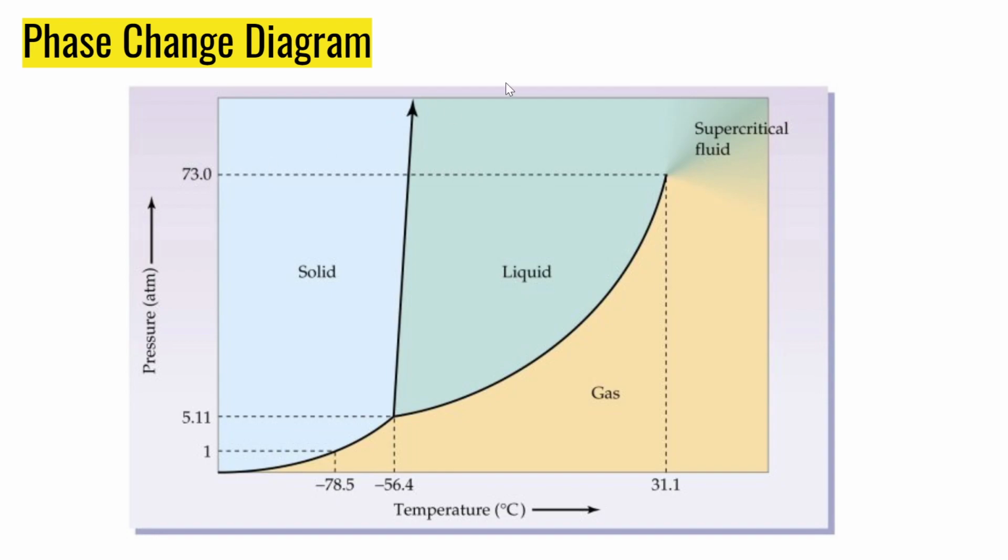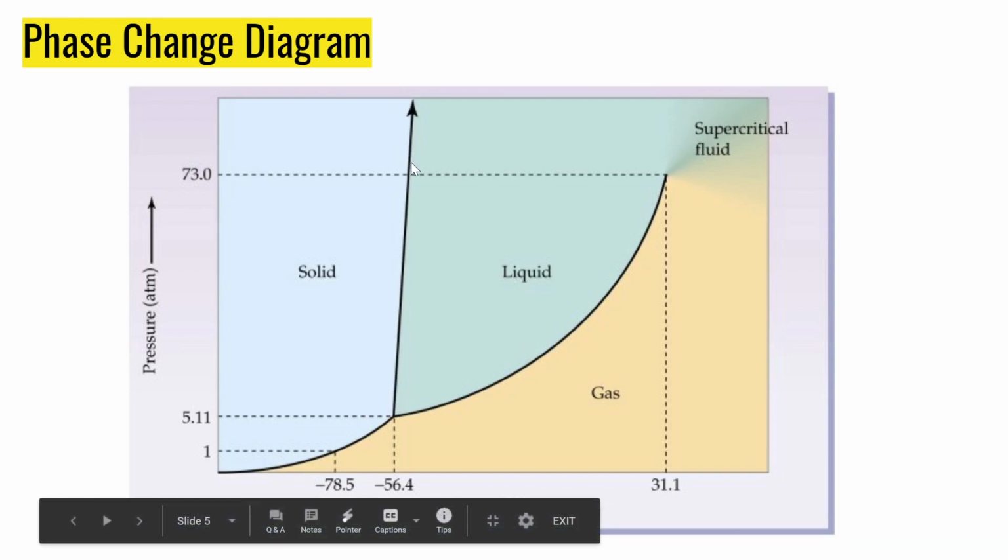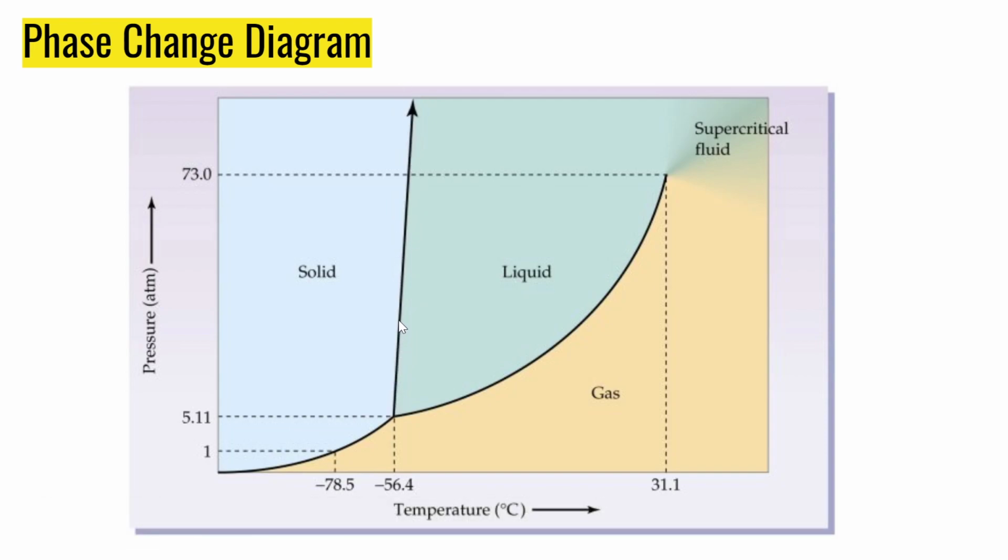And before we go too far in, what I want you to do is take note of a couple of these lines. And these lines are going to be important for determining some things that are going on. This line right here, that's in between the solid and liquid, this is our melting point and freezing point line.